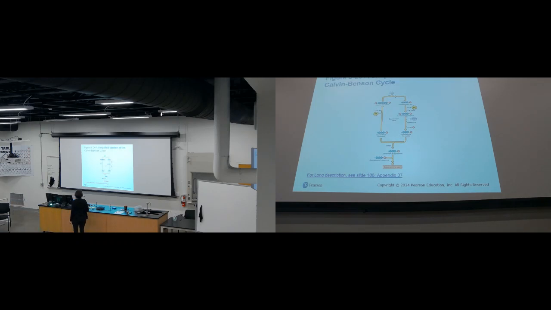Now in the Calvin-Benson cycle, you have these 3 CO2 molecules as an input, and you will have these CO2 molecules combining with this ribulose diphosphate, which is a molecule that is part of this cycle, and then you will convert this ribulose diphosphate into 3-phosphoglyceric acid.